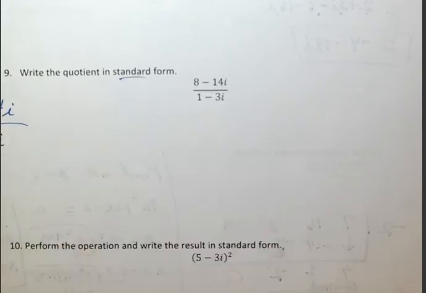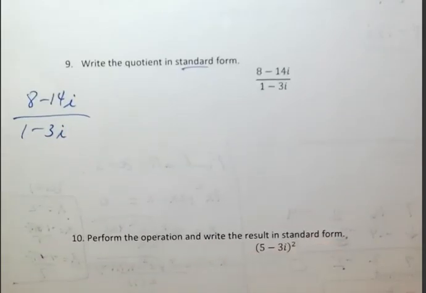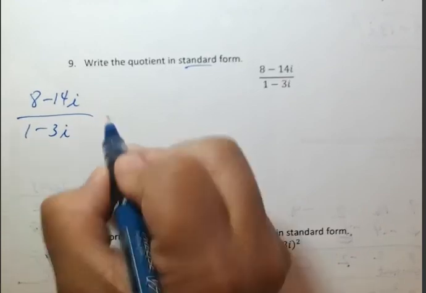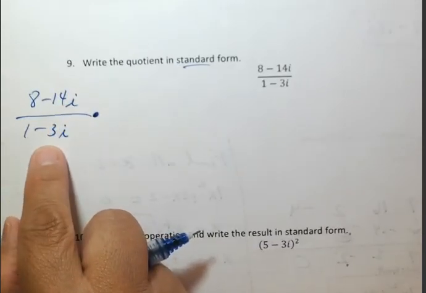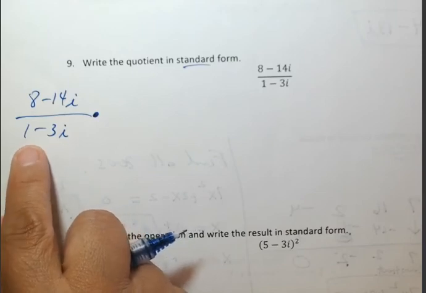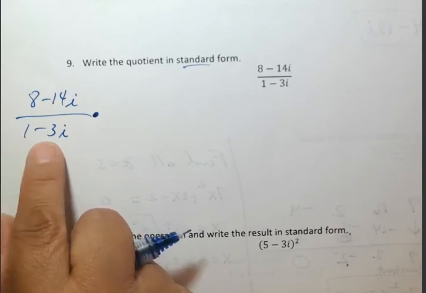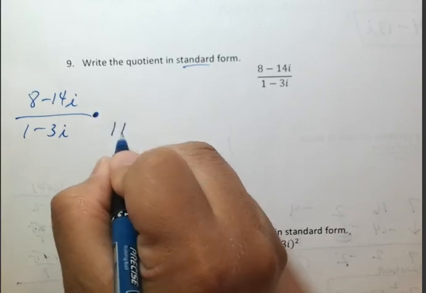So you want to write in standard form. Okay. So to do this, you want to multiply this fraction here by the conjugate. Okay. So the conjugate of the denominator. So 1 minus 3i, the conjugate is 1 plus 3i.